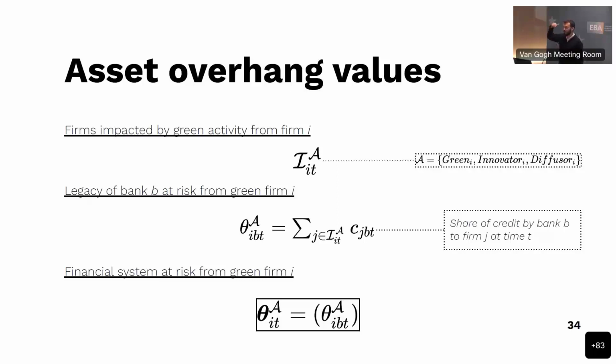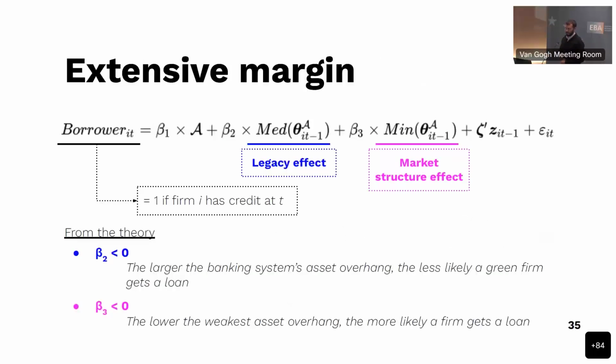And we compute it simply by computing the share of credit that bank b has against those firms which are negatively impacted by the presence of firm i. And then once we have those thetas, we construct a vector of thetas for the entire banking system, and we will analyze the statistical properties of this theta to determine the legacy effect and the market structure effect.